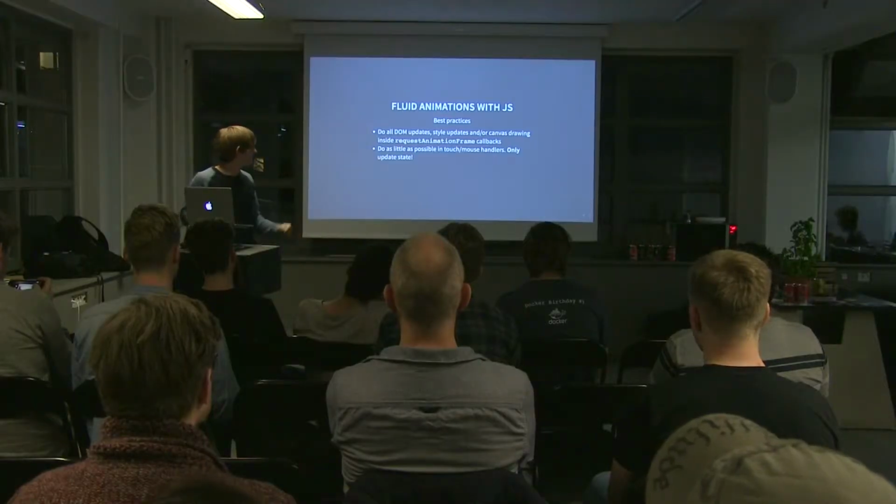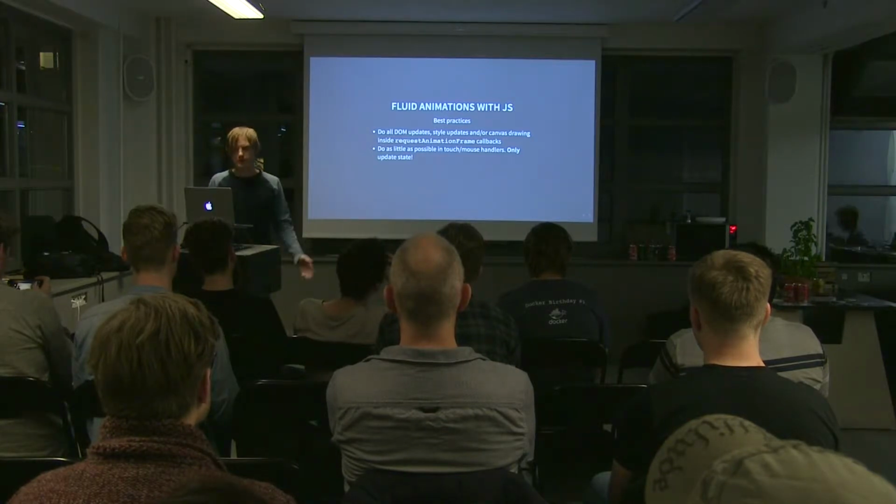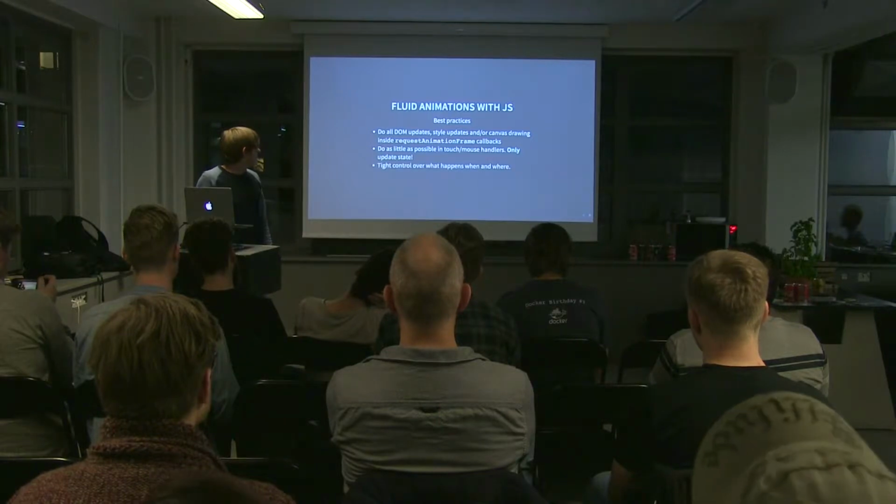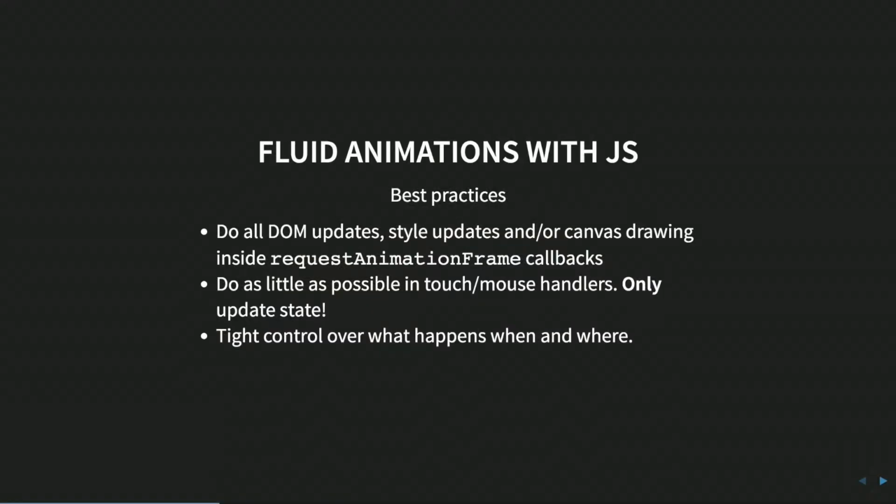Just store the x and y value of the event. If you want inertia scrolling, you can calculate velocities and do an average of where the mouse events were. But simple math and just storing events, that works. No rendering. You want tight control over what happens when and where, always.